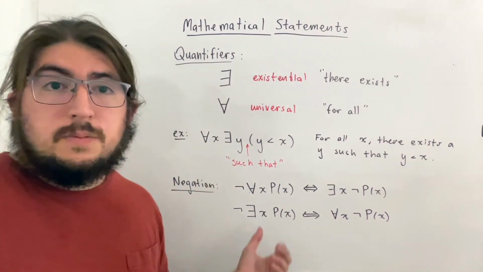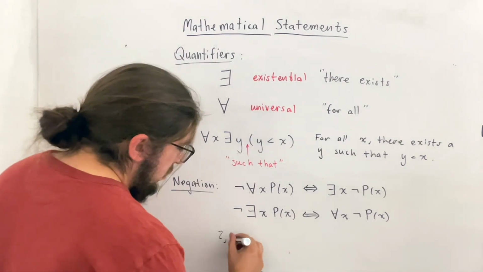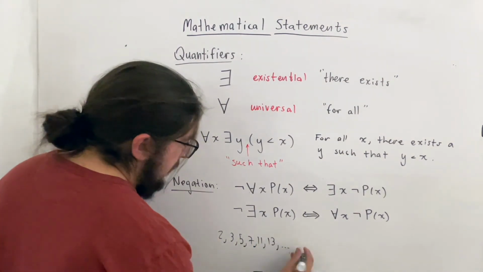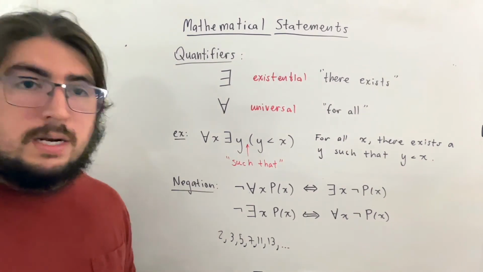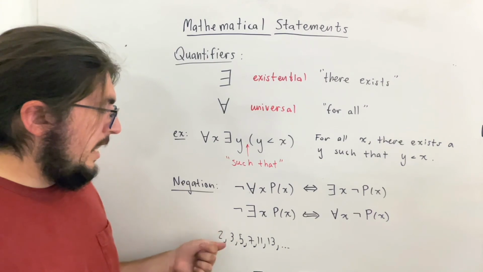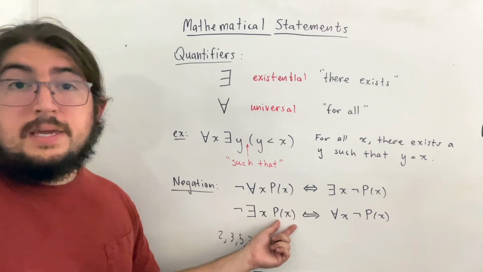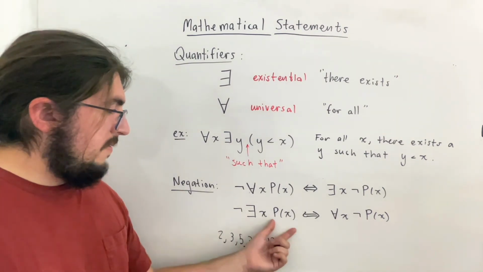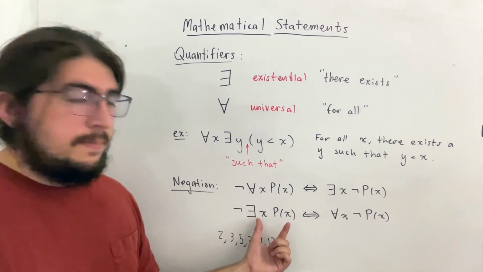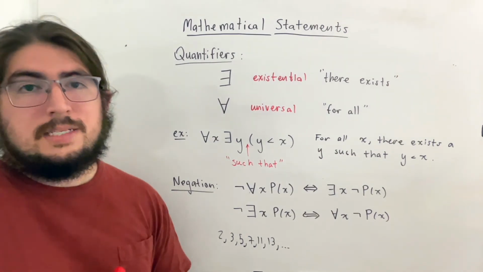Maybe we can say p of x means x is a prime number. So prime numbers, for example, are the numbers 2, 3, 5, 7, 11, 13. Any number that cannot be broken up further by multiplication besides 1 times itself. So let's take a look at the second one as an example. Let's say we're negating the statement, there exists x such that p of x, meaning x is a prime. So there exists x such that x is a prime. That's what this statement says. And negating that means that there is not an x such that x is a prime.